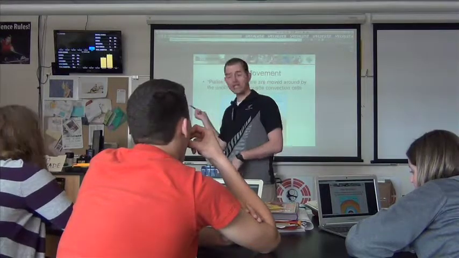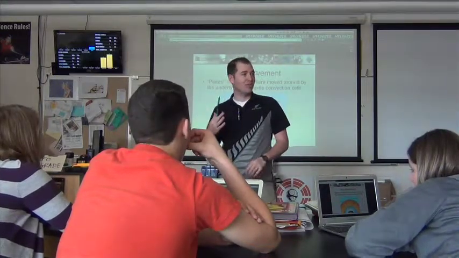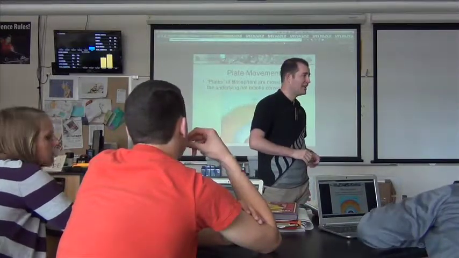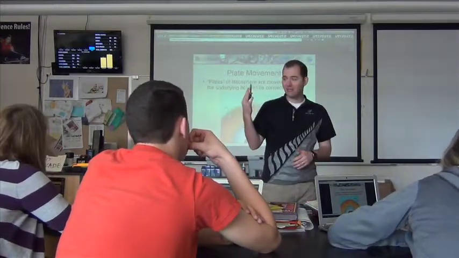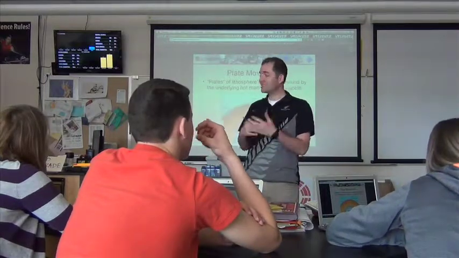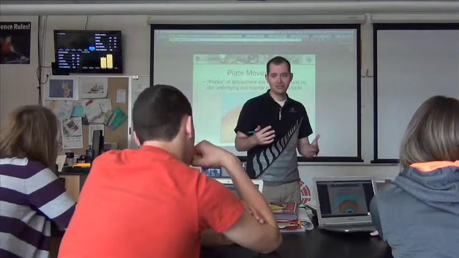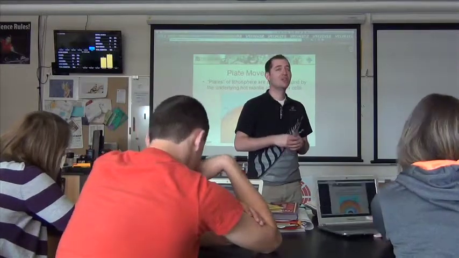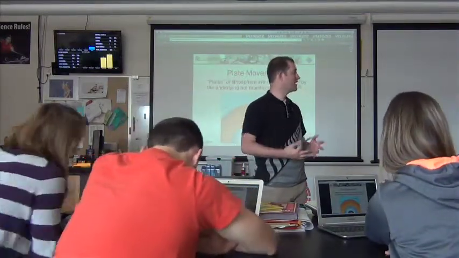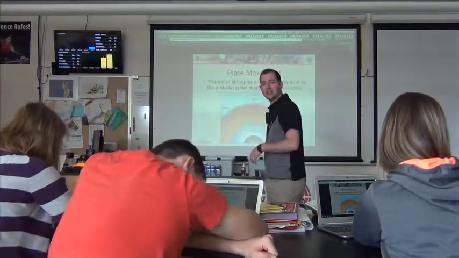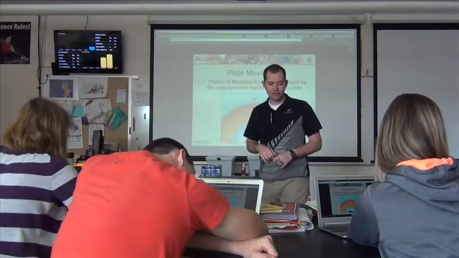So scientists have been working to come up with explanations of what causes the plates to move. Even this plate tectonics theory is actually a pretty young and pretty new theory, like less than 100 years old. Okay? And so scientists are still working on trying to figure out and explain all of these things. This is our current best explanation of why they move. Okay?